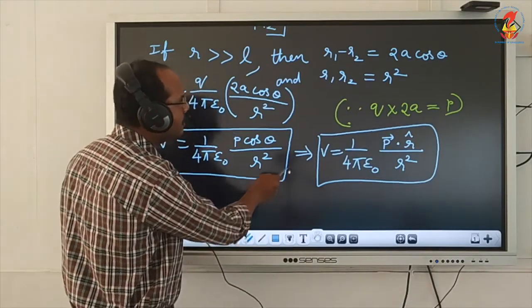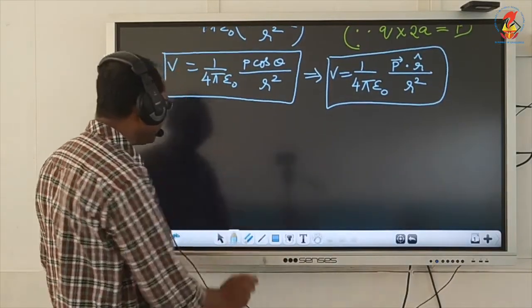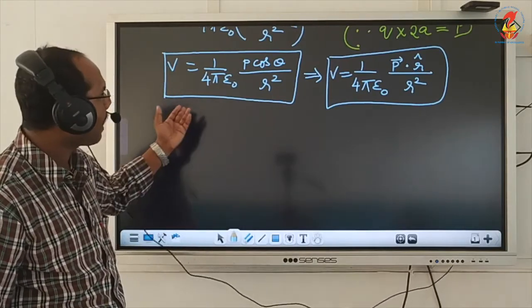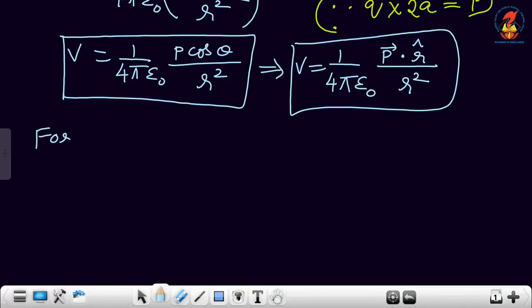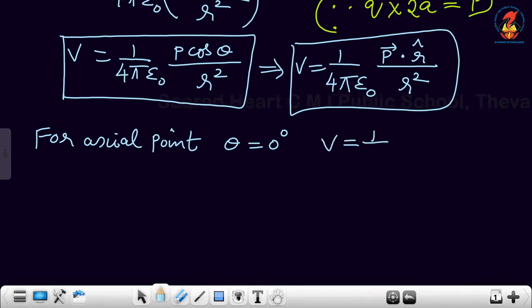Now from this derivation we can find the electric potential at the axial point and the electric potential at the equatorial point. If I consider the axial point, then you can take theta as 0 degree. Therefore V is equal to 1 by 4 pi epsilon 0 P by R square, because cos 0 is 1.